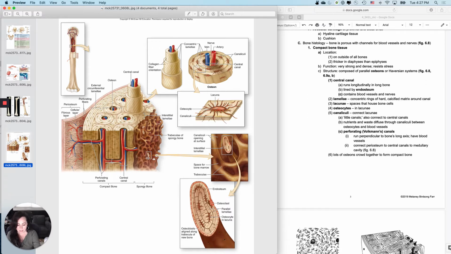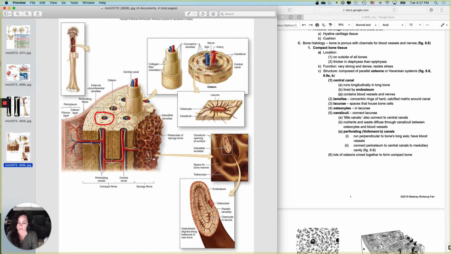So remember that what you have is these osteons. Here's one. Okay. And here is one that's blown up over here. Here's the whole osteon over here. And the osteons are running relatively parallel to one another.